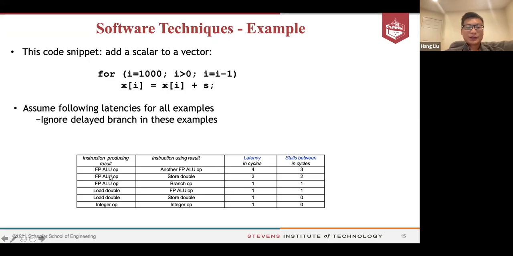The floating point operation producing a result for a store has 2 stalls. A floating point operation providing the result for a branch instruction has 1 stall cycle. Assuming the branch prediction is always correct, load double for floating point has 1 stall, and load double for store double has 0, no stall. Integer operation for integer operation has no stall. Okay.